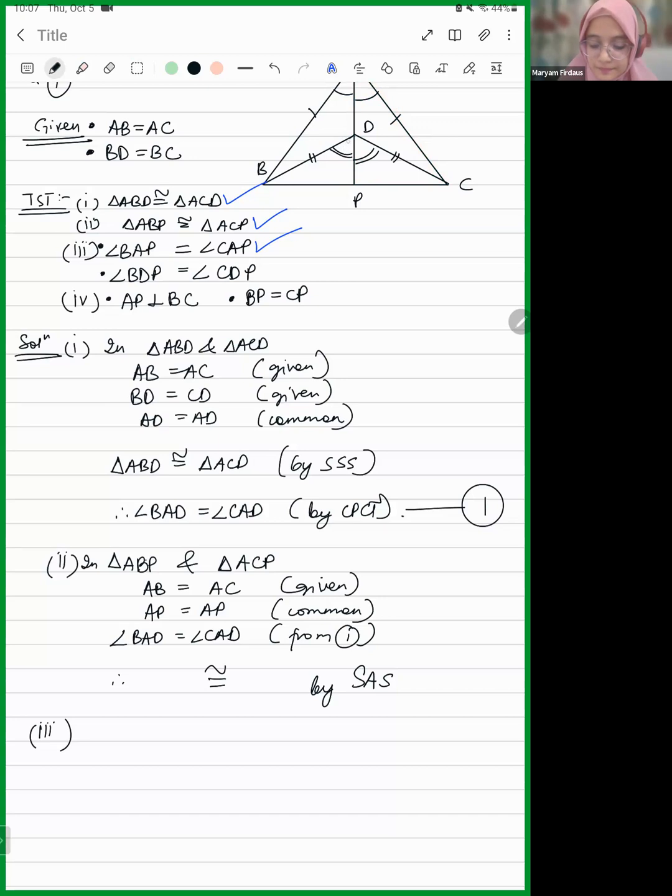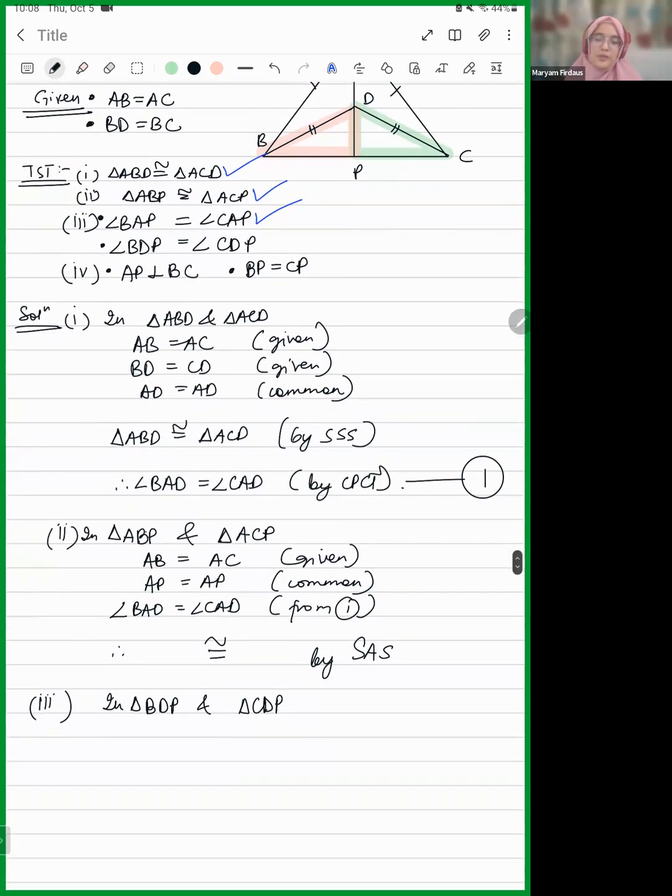Yes, Avni? Ma'am, we can just take these two triangles. Let's take these two triangles. Now tell me. In triangle BDP and triangle CDP. Yes, Preshita? What will be the next step from here?